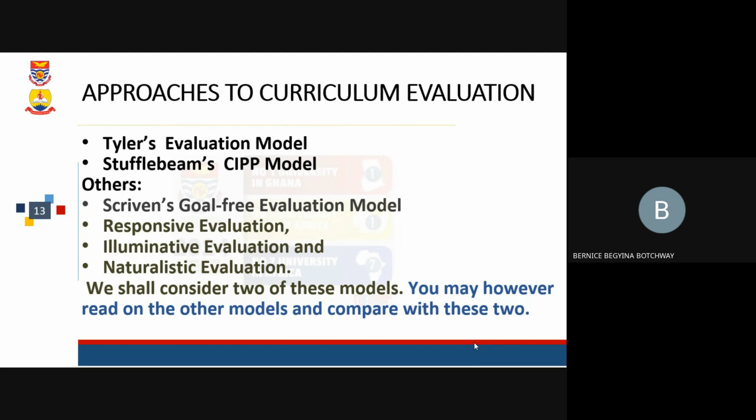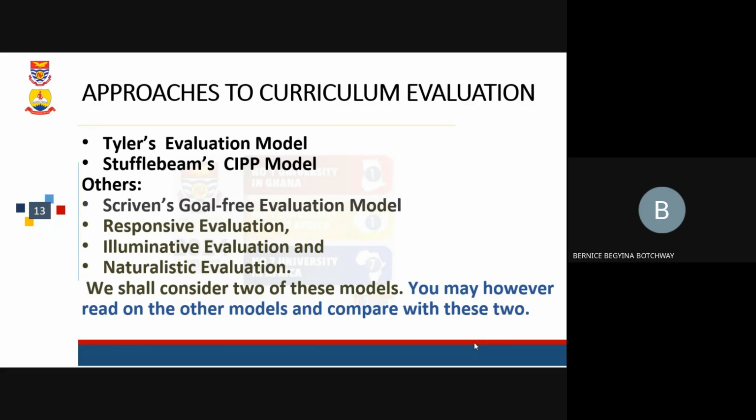The Tyler evaluation model, the Stufflebeam CIPP model. So here we have Tyler's evaluation model, the Stufflebeam CIPP model, Scriven's goal-free evaluation model, responsive evaluation model, the illuminative evaluation model, and the naturalistic evaluation model.